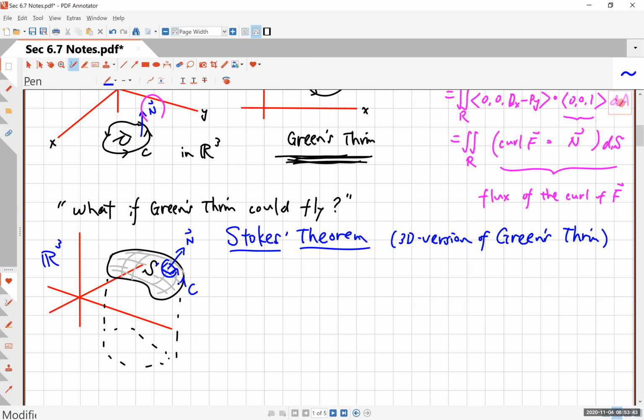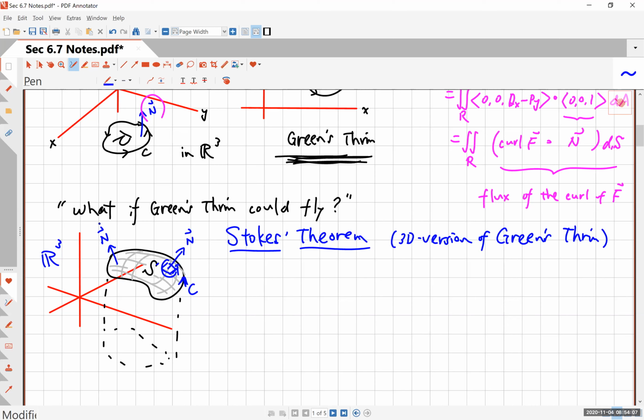And so this direction of C is consistent with the counterclockwise orientation of this. Now, of course, in order for this to be possible, S has to be what is called an orientable or oriented surface, but we will not get into that. So in other words, if this is curved like a ball or something, this is still going up.